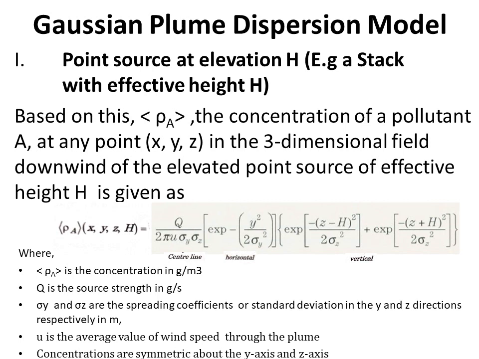Here there are three terms. The first term, that is Q by 2 pi u sigma y sigma z, represents the concentration of the pollutant A along the center line. The exponential of minus y square by 2 sigma y square represents the concentration of the pollutant in the horizontal direction, that is in the crosswind direction, y direction.